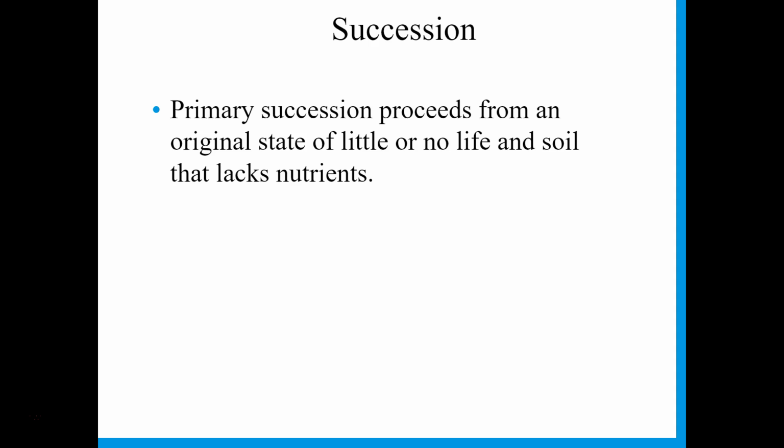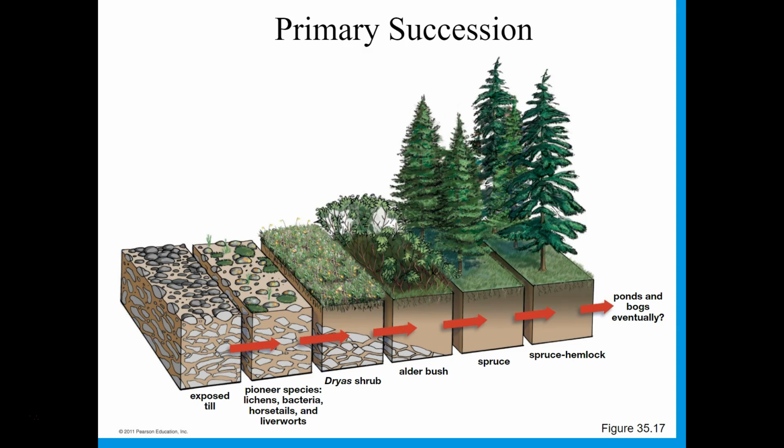So in primary succession, the area is absolutely decimated. You have this exposed till, because whatever went through there exposed the underlying geology, or this is just lava that's left over. And then the first process is that you wind up having some pioneer species come in. Things like lichens, bacteria, horsetails, liverworts, things that don't need a lot. They can basically just photosynthesize and get by.